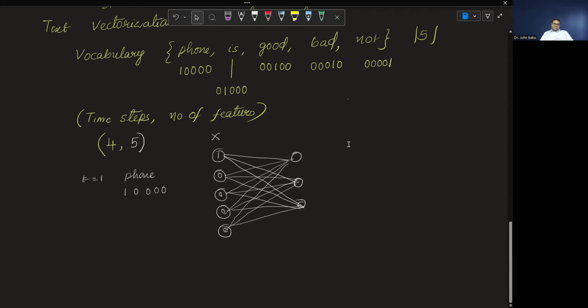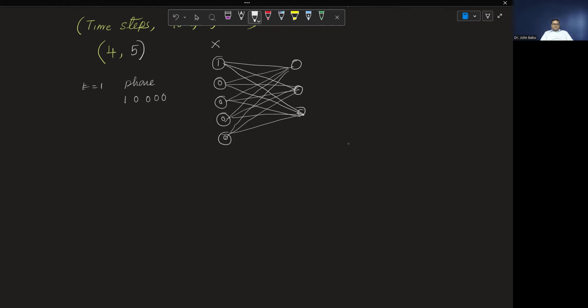At time t, we can also represent it like a block diagram. When time is equal to 1, I have these features.